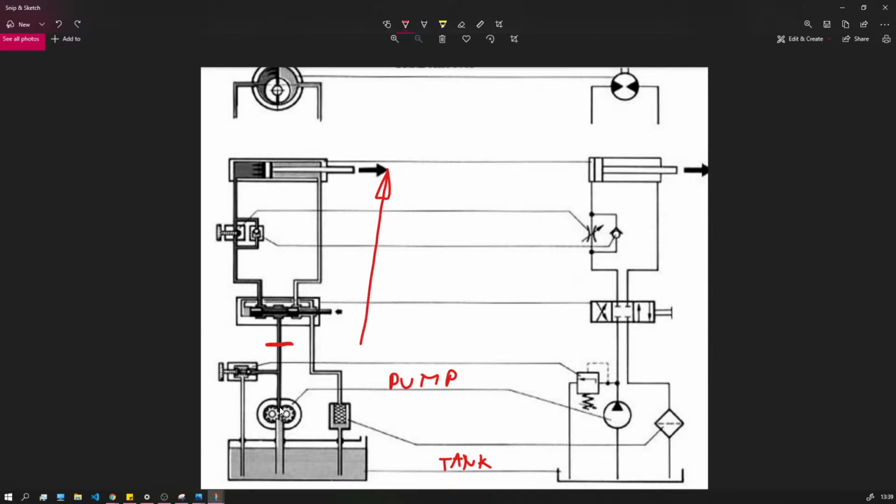So we have some mechanisms to protect the system: a pressure relief valve.